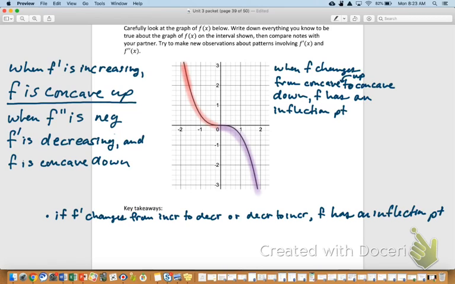What you have at that place of change is an inflection point where the graph kind of bends but doesn't turn around.